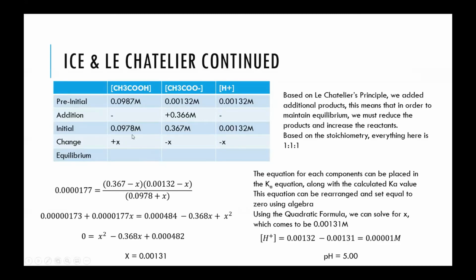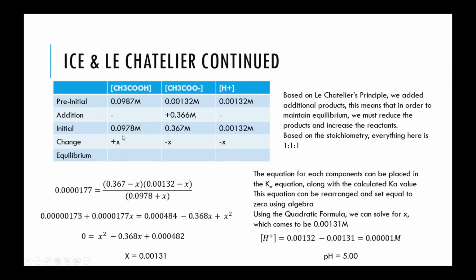So now we have the equilibrium. For the acetic acid, the molecular acetic acid is 0.0987 molar plus X. Oops, there's a typo there, I'm sorry.